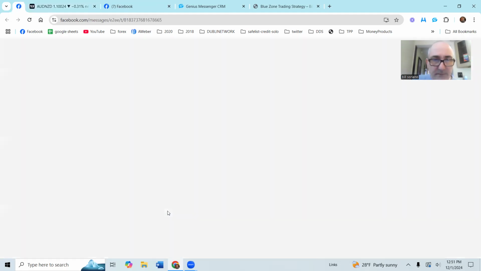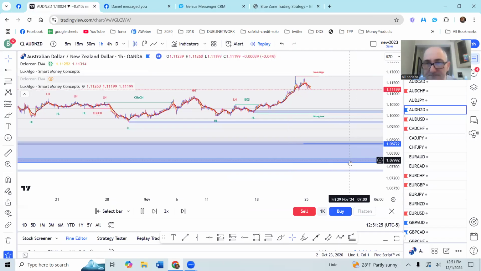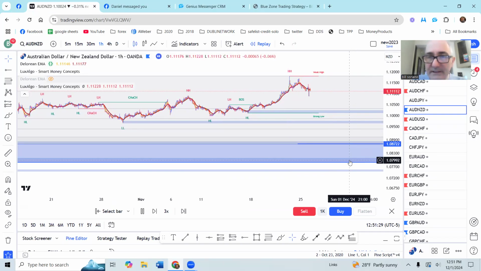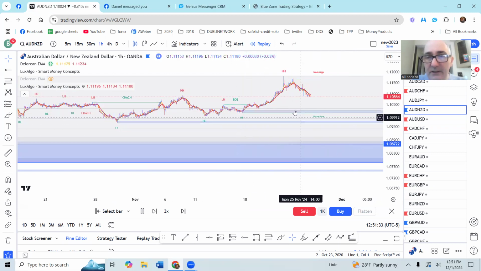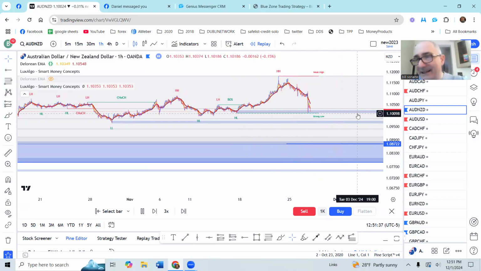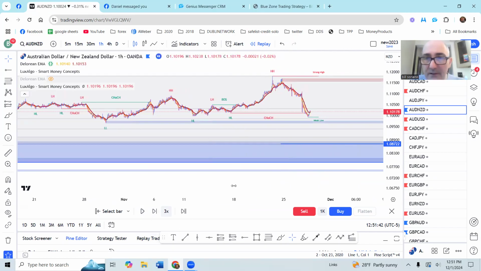We just want to kind of play this forward here. As you can see this playing forward here, there's no change of character yet. So we have this blue order block down here, but we're not concerned about that because that's for a buy. Now, right there, you can see how price breaks that low there, giving us a change of character, and our order block appears.